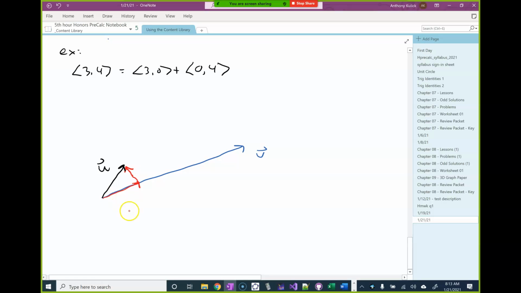This vector here, we give a name to. We call this vector the projection of vector u.